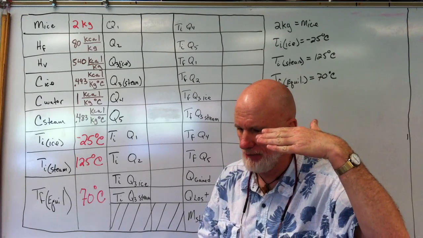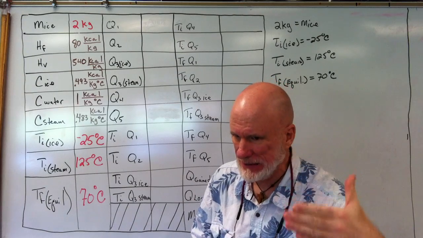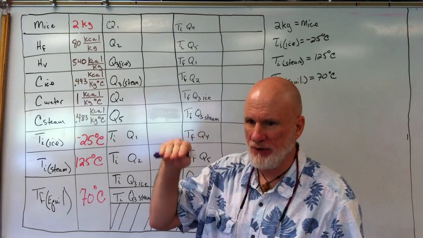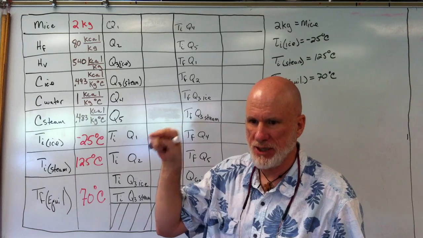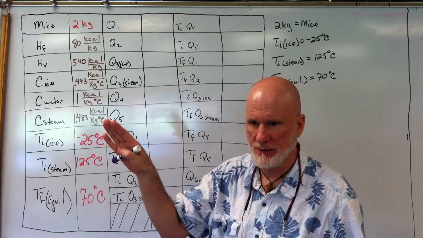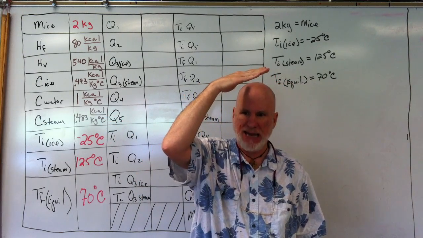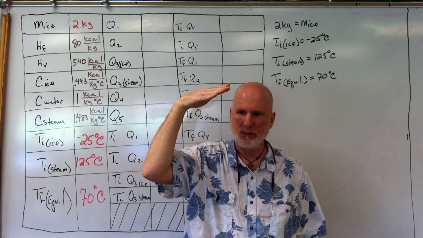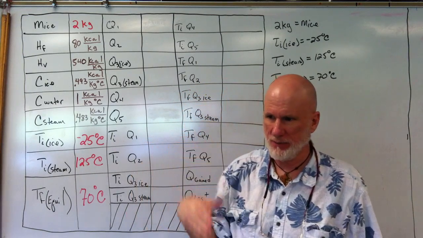Do you understand that the ice is going to go from negative 25 to 0, 0 solid to 0 liquid, 0 liquid to 70 Celsius, right? Q1, Q2, Q3, right? Steam is going to go from 125 gas to 100 gas, 100 gas to 100 liquid, 100 liquid to 70 liquid, right?